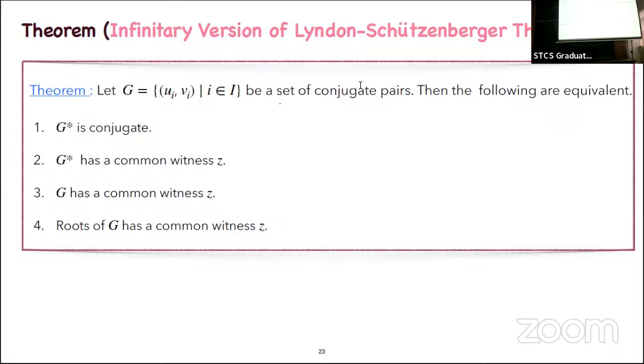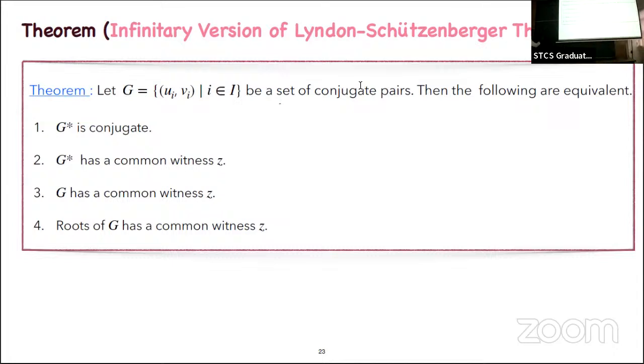3 to 2: if G has a common witness Z, then I can use that.